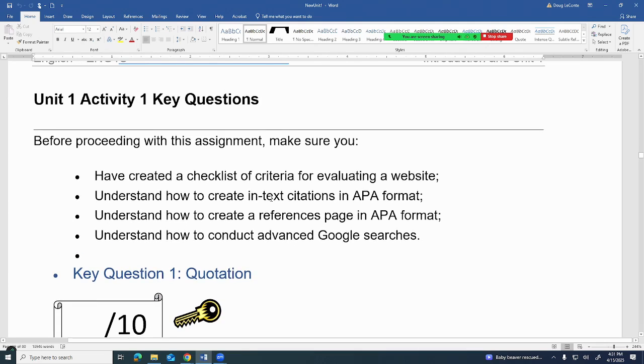So for this key question, we first of all go through the steps that we need to do before we proceed with the assignment. So the first thing we have to do is create a checklist of criteria for evaluating a website.